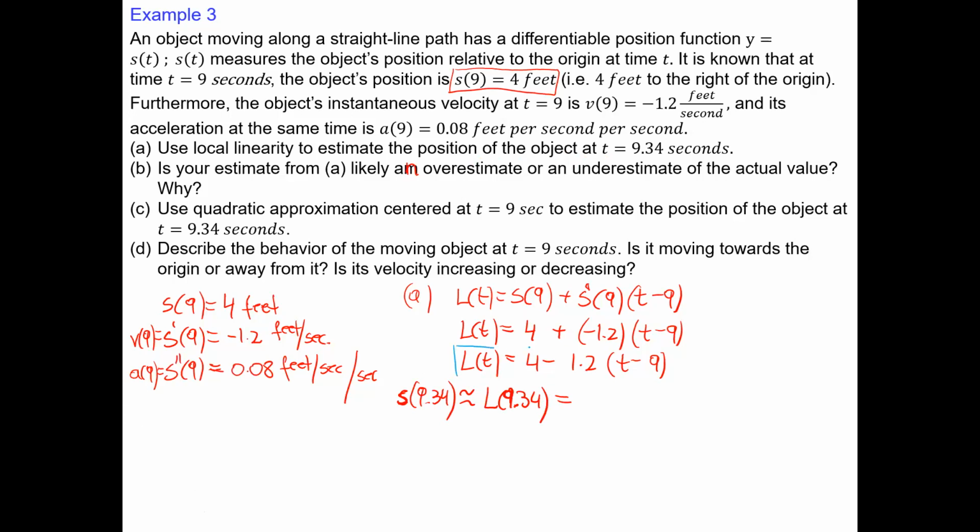This is the blue formula. Instead of t, we will put that time. 4 minus 1.2 times 9.34, we have to find the difference, minus 9. Okay, 4 minus 1.2, and this is just 0.34.